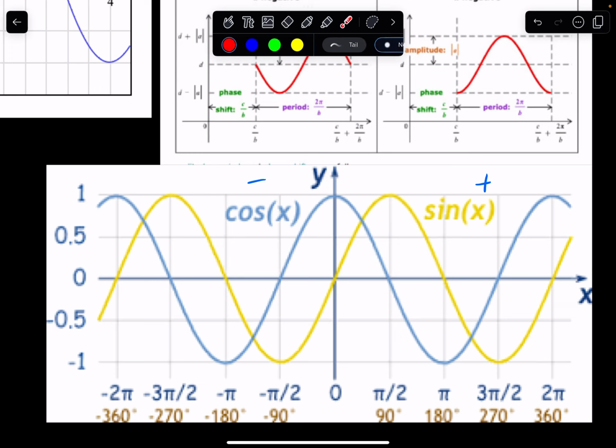at the origin. So in a sine graph, the x-axis cuts it in half, while in a cosine graph, the y-axis is cutting it in half. So as you see here in cosine, here's this wave, and the y-axis is cutting it in half.